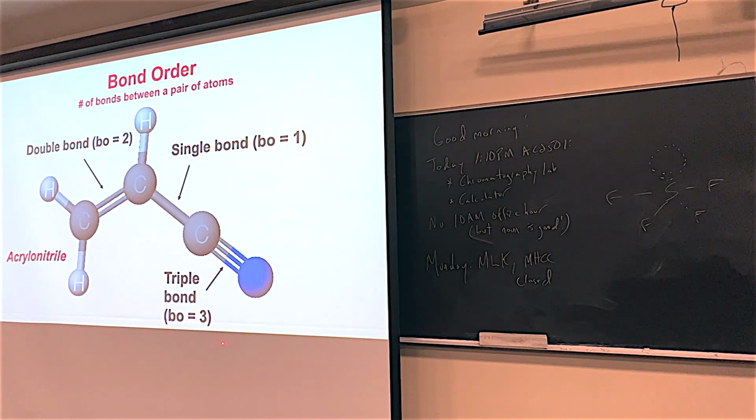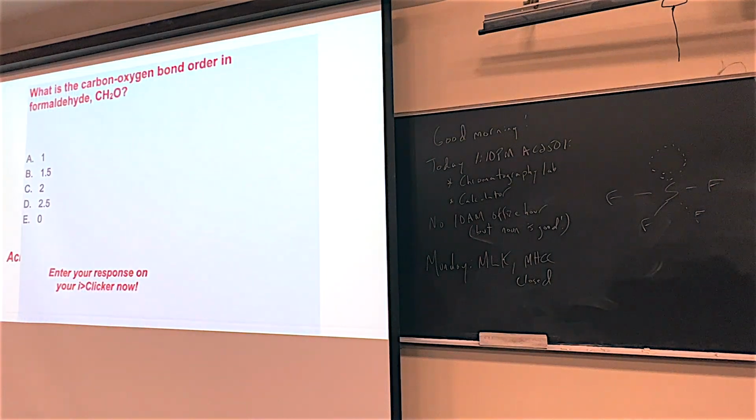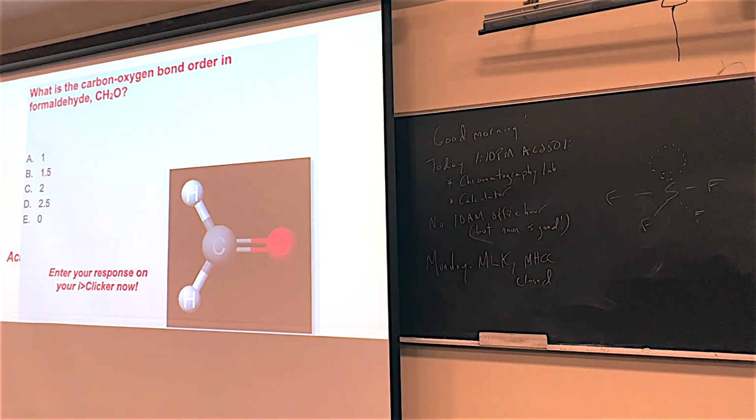You don't have an overall bond order for the whole molecule, all right? You look at specific bonds to figure out what the bond order is. So when we talk about bond order, it's literally just the number of lines between those atoms, and this is why the Lewis structures are helpful. So, formaldehyde, good thing used in the funeral service area down below.